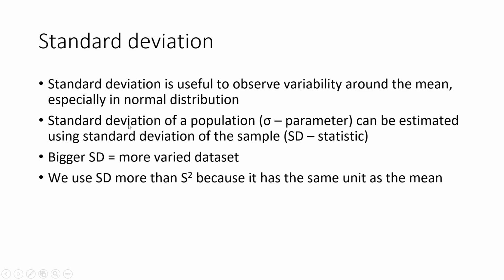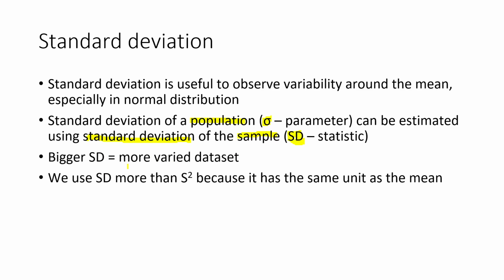And the standard deviation of a population, which is represented by sigma, this Greek letter over here, and again, because it's of a population, that makes it a parameter. And so you can estimate parameters using samples, using statistics. And so you look at the standard deviation of the sample, which is represented by the symbol SD. Okay?